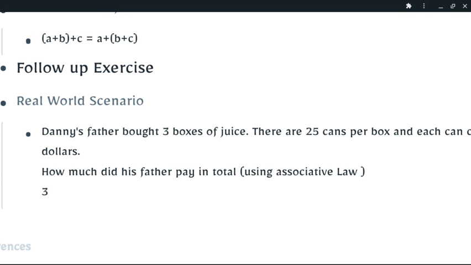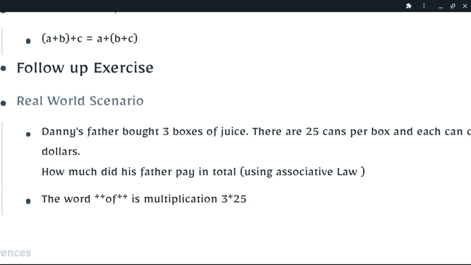You multiply. Right, so the word "of" is multiplication. So we'd say 3 times 25.